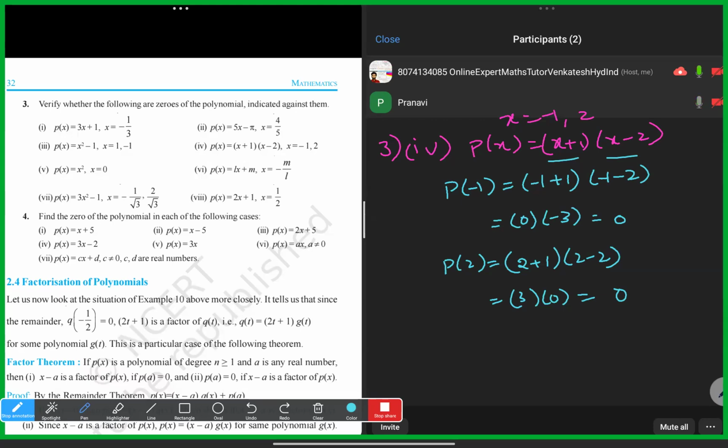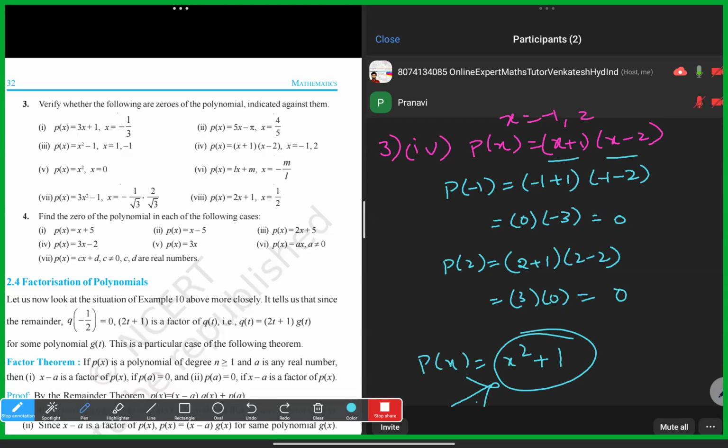And that quadratic polynomial, I was telling, if it has zeros, means maximum 2 zeros it will have. Minimum will be 0, means no zeros is also possible. Let us take an example: x square plus 1. This is a quadratic one. Now this particular polynomial, Pranavi, you can try any value of x here. This will never become 0, because x square is there.